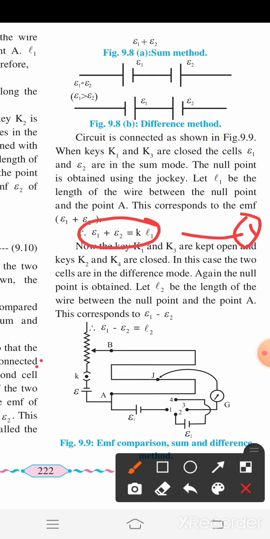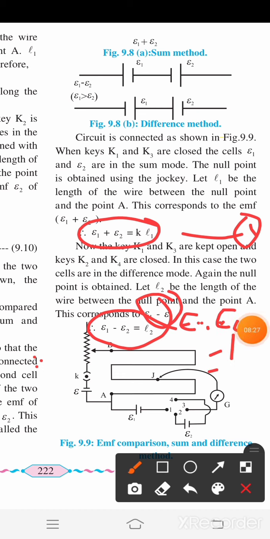In this case, the two cells are in the difference mode and we get the balancing length L2 between point A and the balance point or null point. This corresponds to the effective EMF E1 minus E2. And again by the principle of potentiometer, E1 minus E2 is equal to K L2.